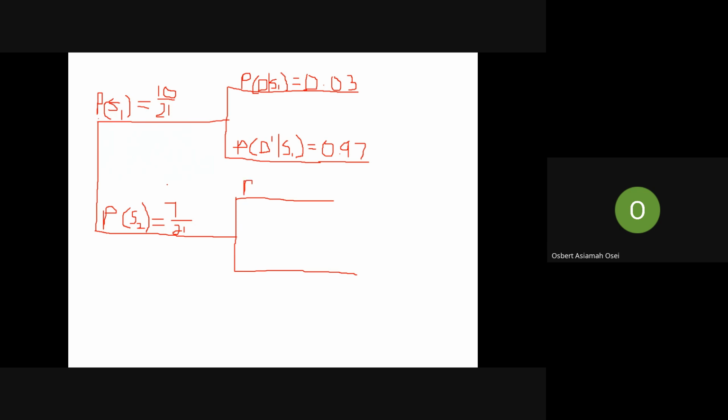Our probability of getting something defective, provided it's coming from supplier 2, is 0.05.